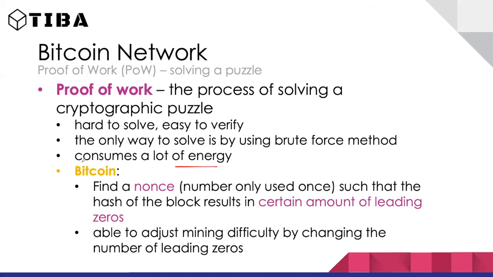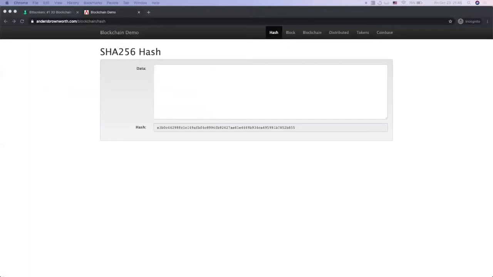We'll go over an example in a second. For Bitcoin, what you do is find a nonce, which stands for number only used once, such that the hash of the block results in a certain amount of leading zeros. And what we'll do right now is a little demo here.